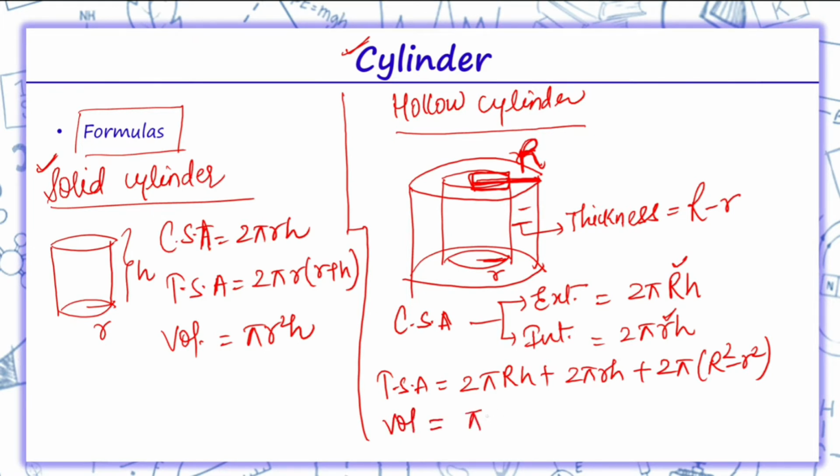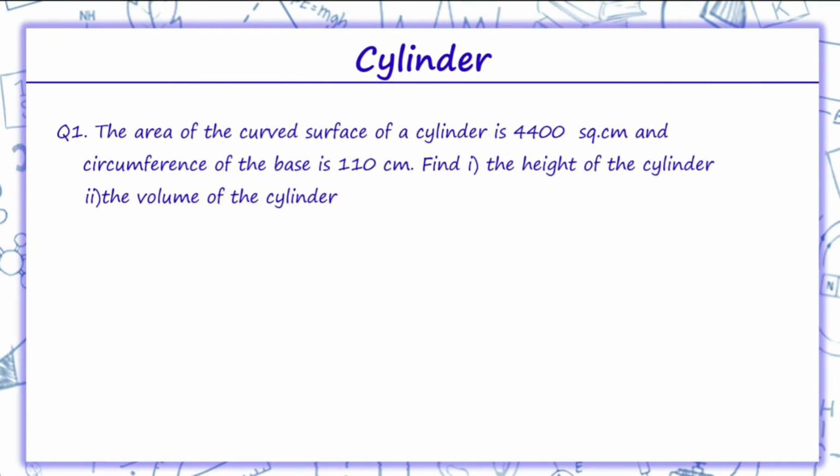External volume is πR²h and internal is πr²h. So we will directly write it here, π(R² − r²)h. So these are certain formulas. With the help of these formulas only, now we will solve certain questions.